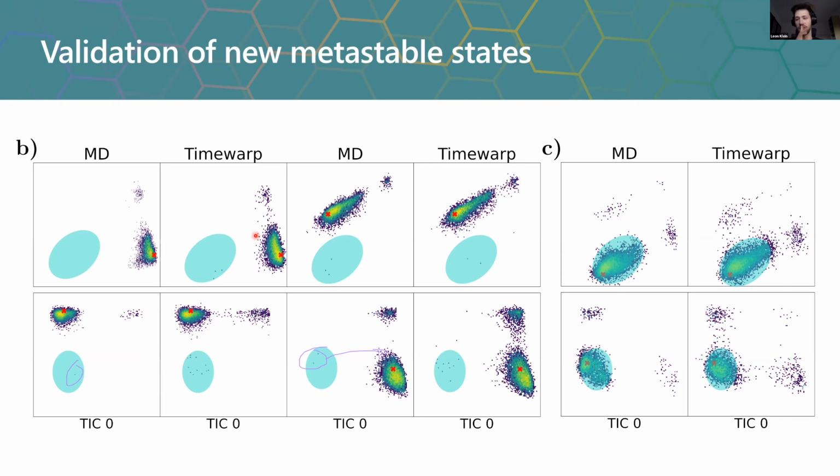Actually, it's a good question. I think I didn't explain well enough how these plots are generated. We actually start in this state, and then we only report. These are plots for many short MD trajectories, and we only report the last state. So we always start at the red cross, then we run the whole trajectory, and once the trajectory is complete, we plot one point.